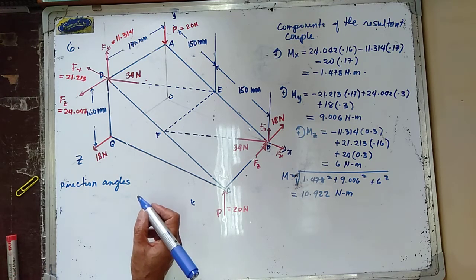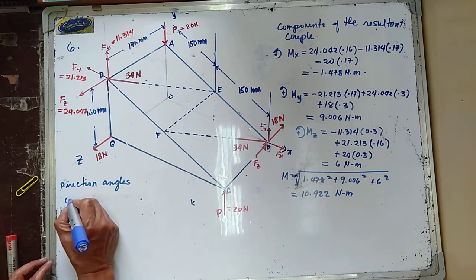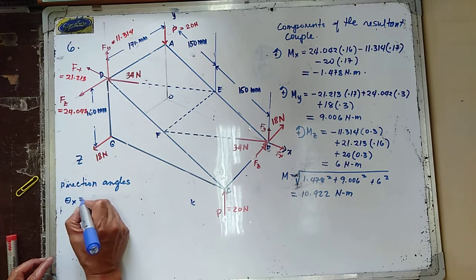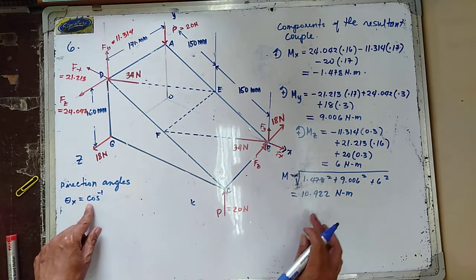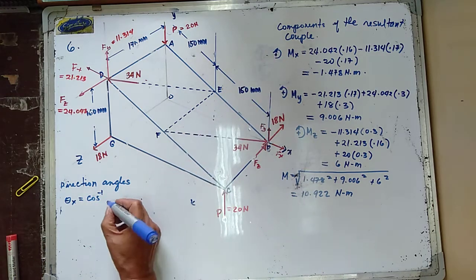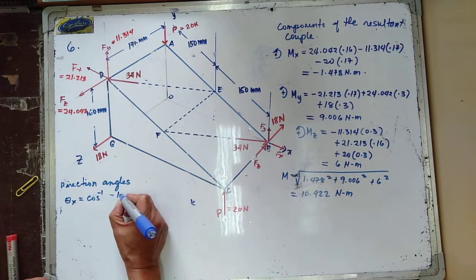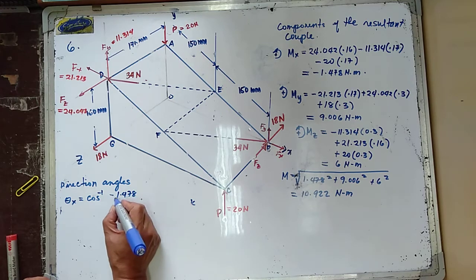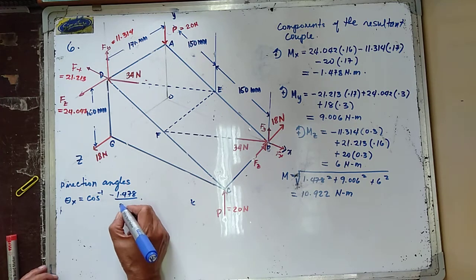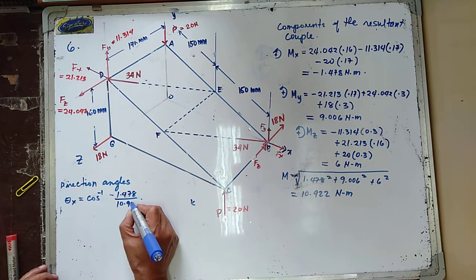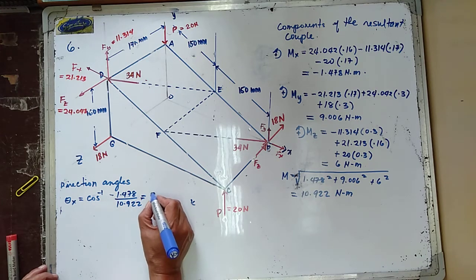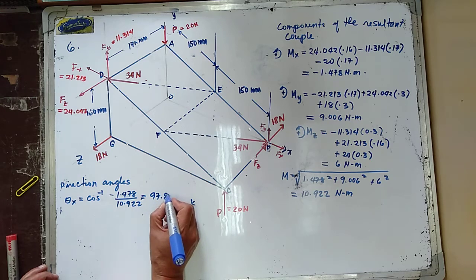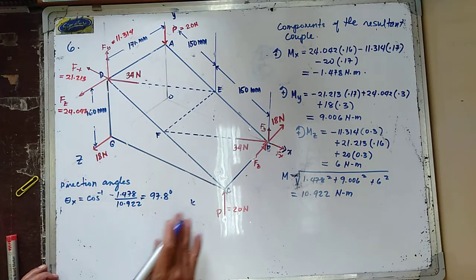Your theta x is equal to the arc cosine of Mx over M, so negative 1.478 over 10.922, which is equal to 97.8 degrees.